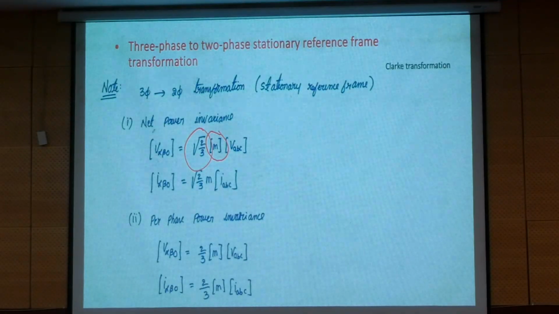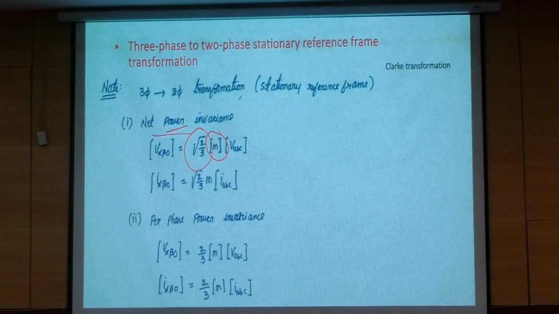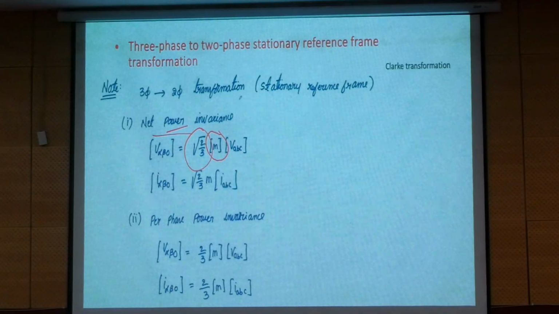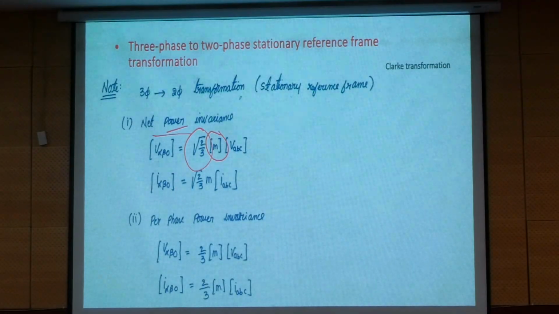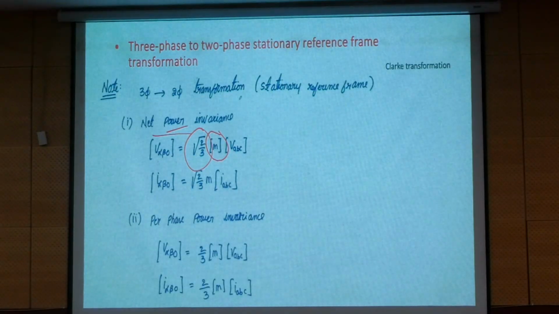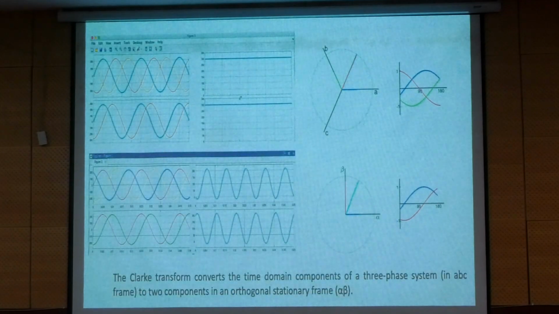Then in that case, net power will not change. What is net power? Whatever resultant power is generated by the A phase, B phase, C phase in a 3 phase system, that power exactly matches the power generated by the alpha axis coil and beta axis coil. If you add together, then the 2 phase net power and 3 phase net power will balance each other. So see here, take case 1.